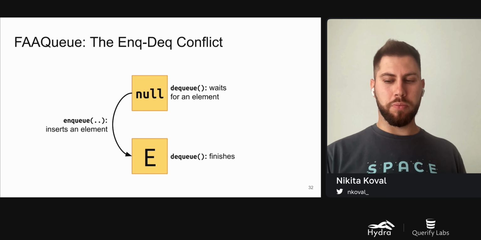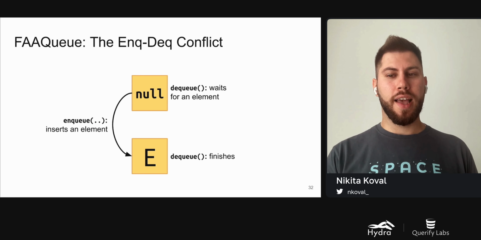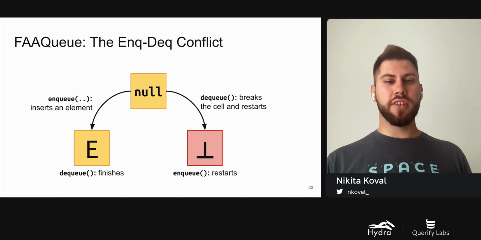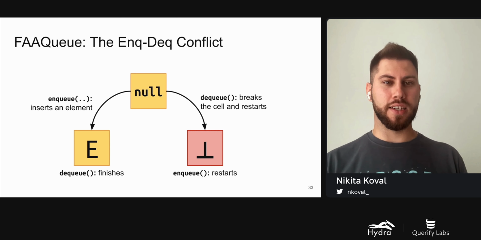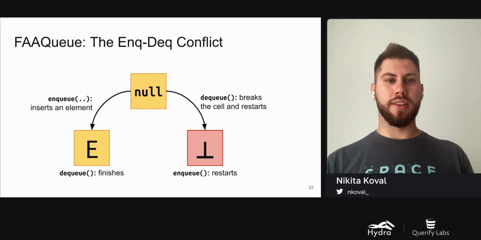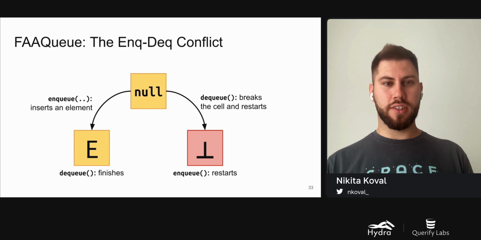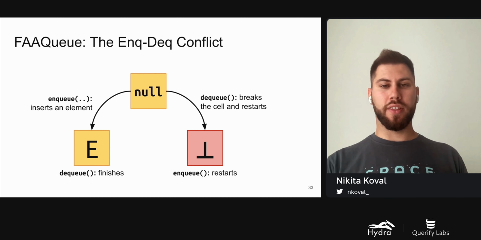And we can make it non-blocking using the following trick. We can add an additional state, kind of a poisoned state. So when dequeue comes and sees that the cell state is empty, instead of waiting, instead of this blocking behavior, it can simply poison the cell.